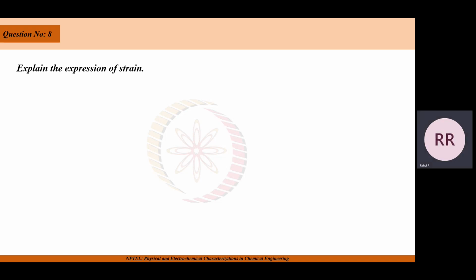Just think about this for a while. What is the expression for strain, as generally used in rheometers?